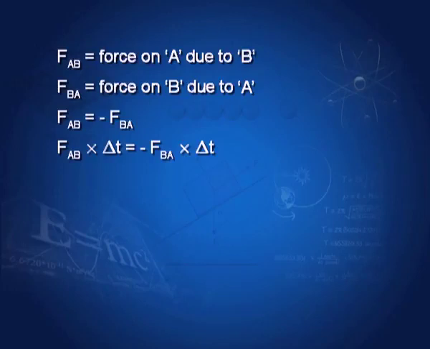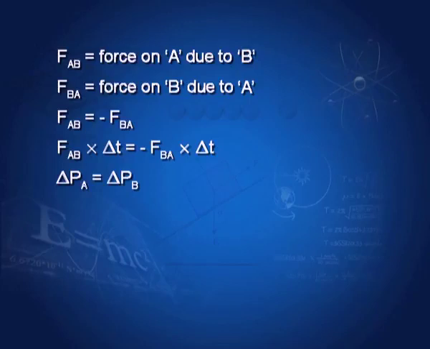According to Newton's second law, force into delta t is equal to the change in linear momentum. So, FAB into delta t is equal to delta PA and FBA into delta t equals delta PB.